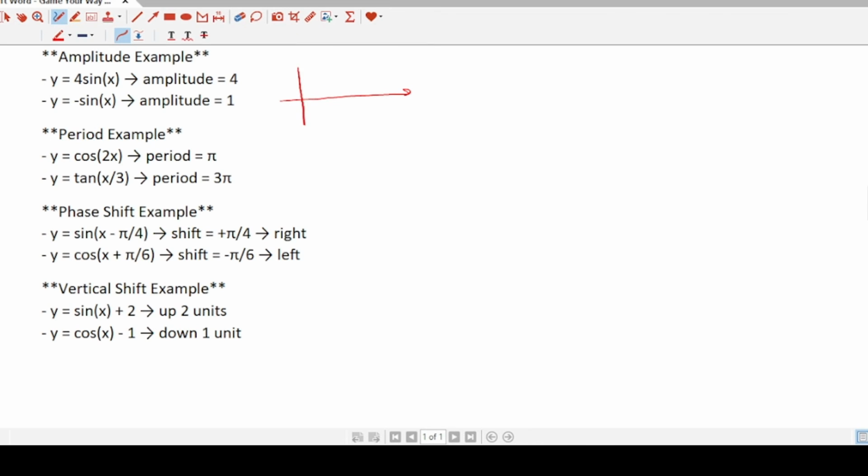That means if we draw the original sine graph like this, then the negative sign becomes like this. But still, the height of this wave is 1, or the amplitude is 1.